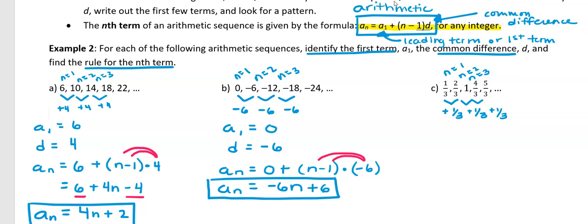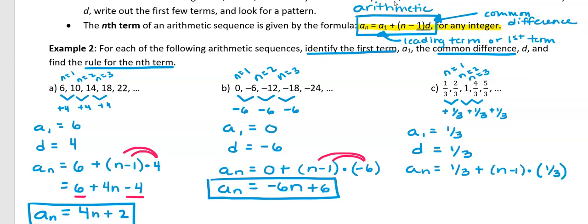So let's go ahead and write those items down. So our first term, a sub 1, is 1/3. And our common difference, our d value, is also 1/3. Now we're going to put it into our formula, a sub n. Remember, you start with your leading term. In this case, that's 1/3, our a sub 1, plus the quantity n minus 1, which is multiplying with our difference here, which is a positive 1/3 since we were adding.